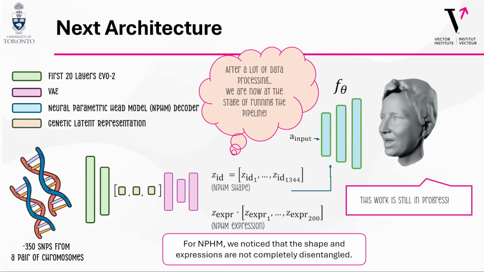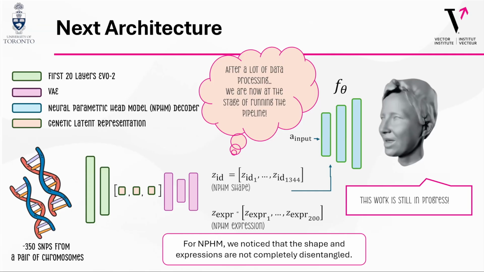This is where the work is still in progress, but we currently have this architecture where we're taking the SNPs and encoding them with the first 20 layers of this EVO2 model, which takes the SNPs information into a highly informative space that has been learned in this feature embedding.